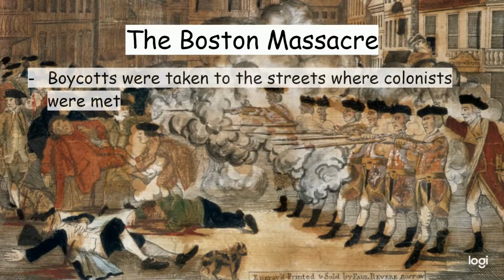Well, what ended up happening is that boycotts were taken to the streets because of all these acts that were being imposed on the American people. And so the British sent a bunch of soldiers. Now, when they sent a bunch of soldiers, they ended up corralling all these people, and the people ended up overwhelming the British, so they ended up retreating.